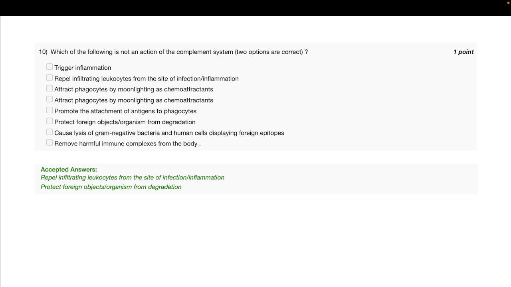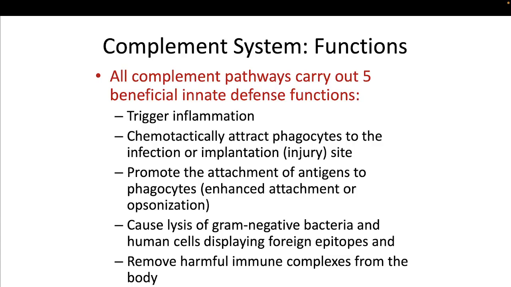Yeah, you were correct. These two options are the right options, because everything else is actually an activity of the complement system. These are some of the functions of the complement system. They trigger inflammation, they chemotactically attract phagocytes to the infection or injury site, they promote the attachment of antigens to phagocytes, which is also known as opsonization. Then they cause lysis of gram-negative bacteria and human cells displaying foreign epitopes, and they also remove harmful immune complexes from the body.